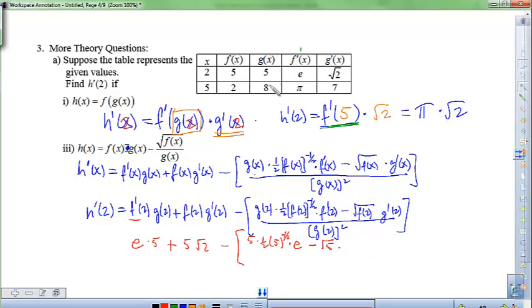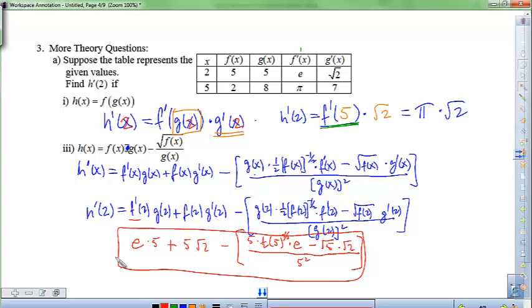G prime of 2 is square root of 2, all over g of 2 squared. Okay, I would probably just leave it at that, not bother simplifying or anything, but that would be your result.